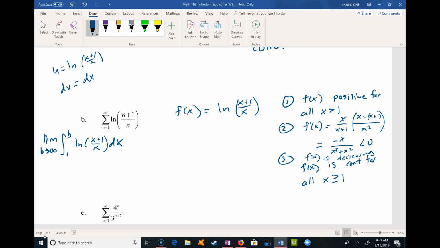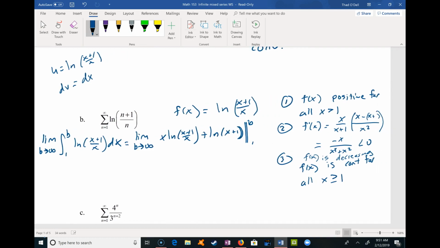And if you integrate that, you end up with the limit as b approaches infinity of x times the natural log of x plus 1 over x, plus the natural log of x plus 1. And that's evaluated from 1 to b.